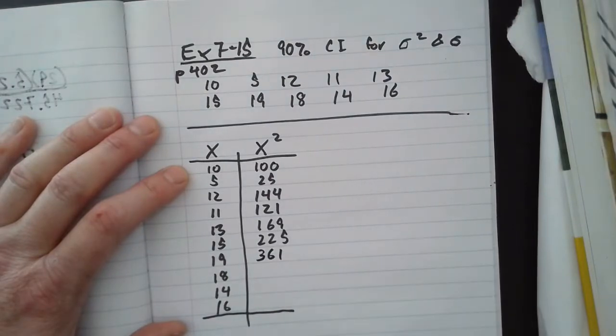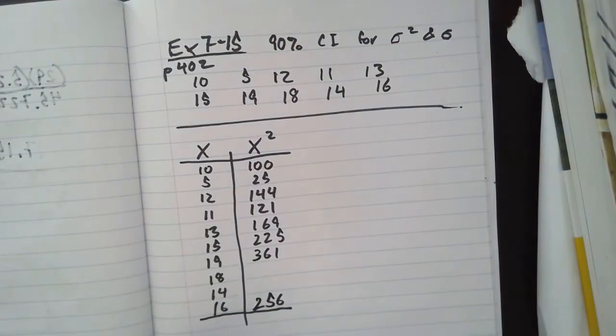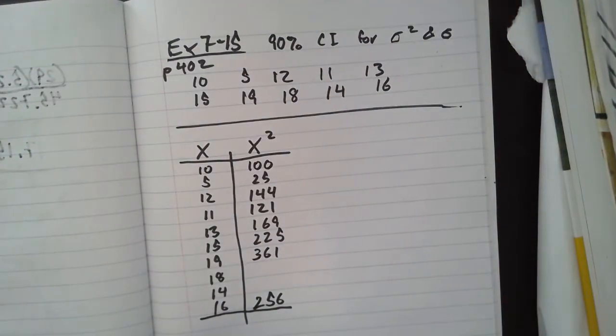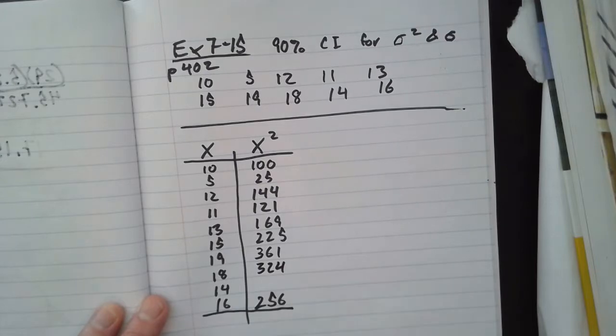I should know this one. I don't remember. No, this one's 256. Okay, and after we've got all of the x squared values, then what do we do? Let's see, 18 squared. I should know this. It's 324.